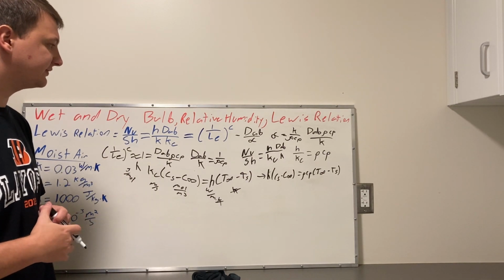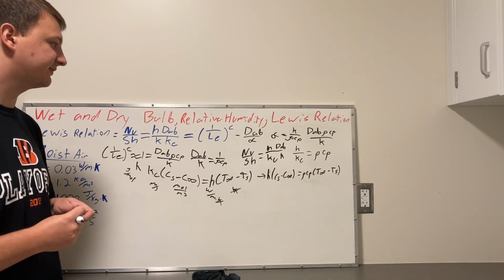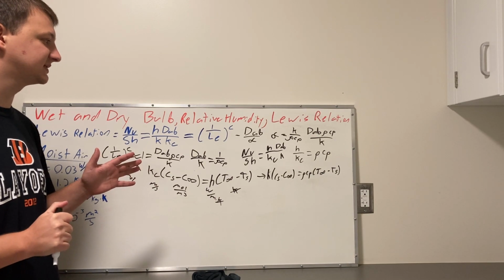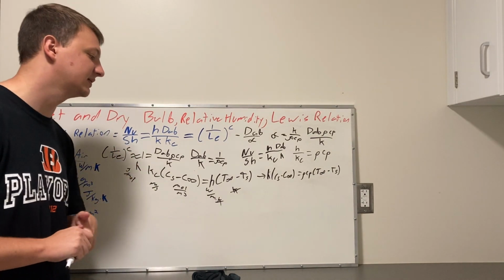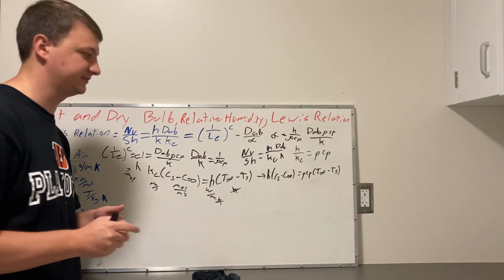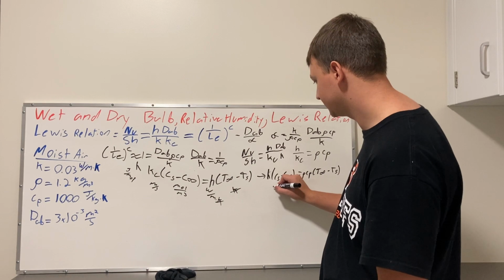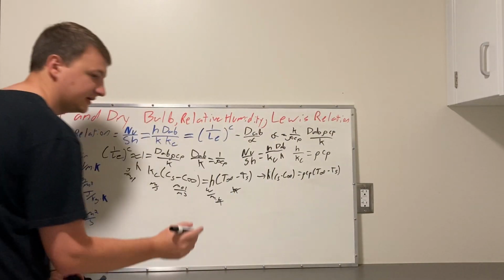Now, after we simplified that, we're going to have to look into making the terms in pressure so we can determine relative humidity. So for concentration of the surface, I'll rewrite it over here.